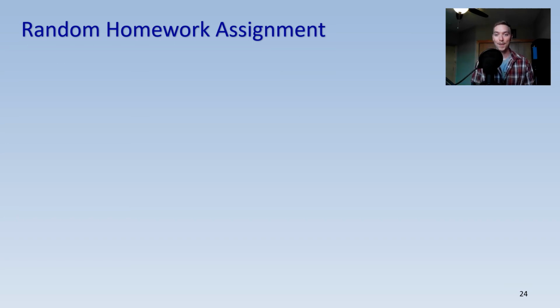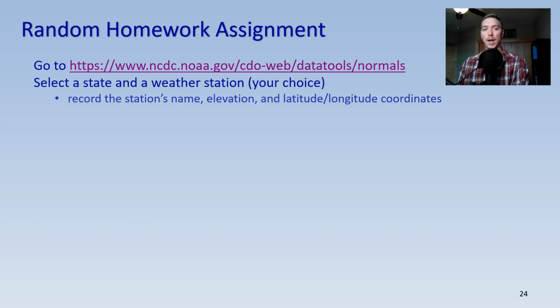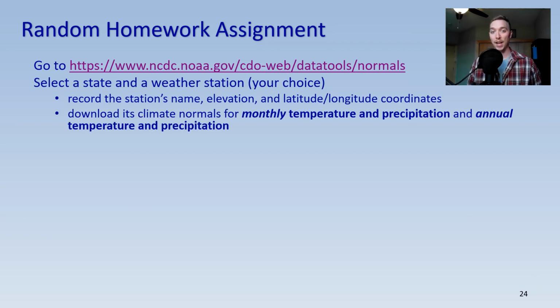Surprise! Random homework assignment. That's how we'll end this video. You're going to go to this website, which will also be in the description below. You will select a state and a weather station of your choice. You're going to record that station's name, elevation, and lat-long coordinates.